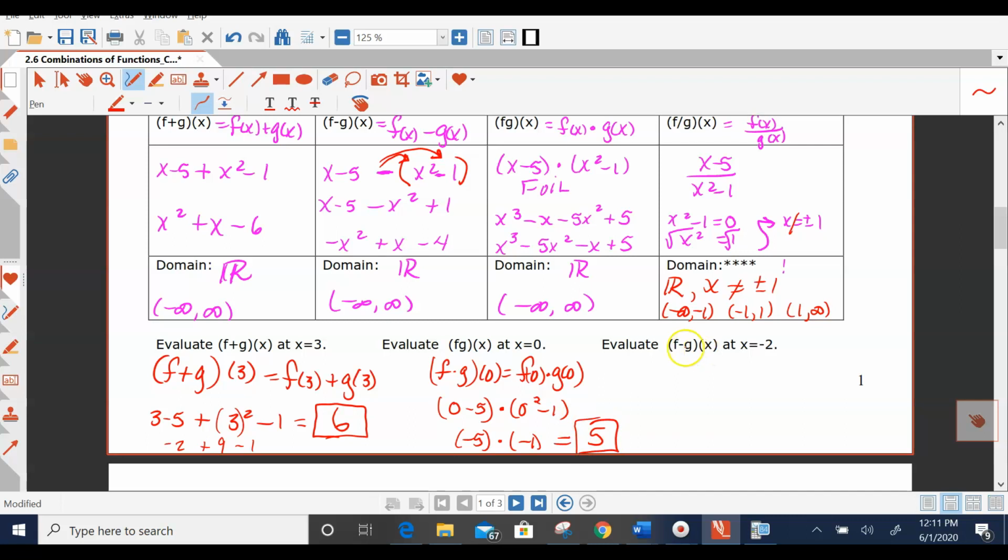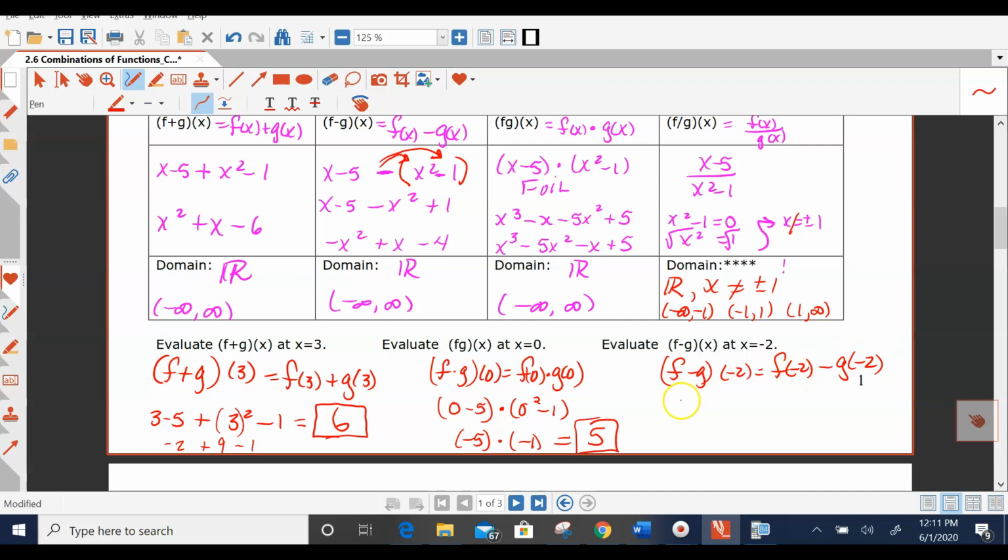Last one, let's evaluate f minus g at x when x is equal negative 2. So this is f minus g of negative 2, which means go to f and plug in a negative 2, subtract from it a g when we plug in a negative 2. Let's do it.